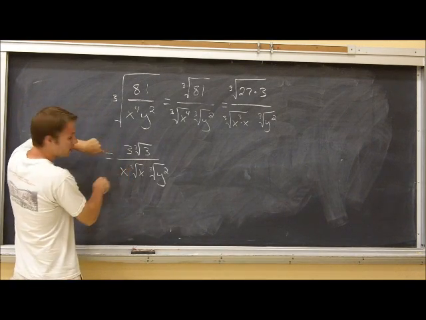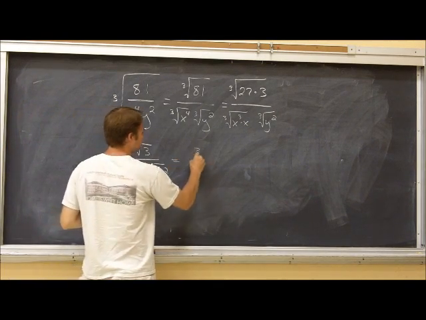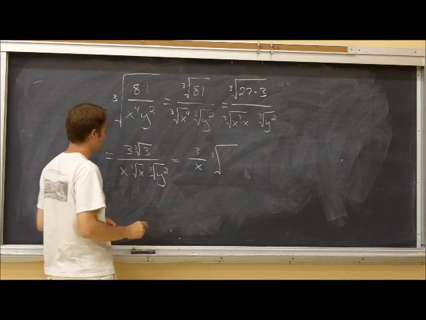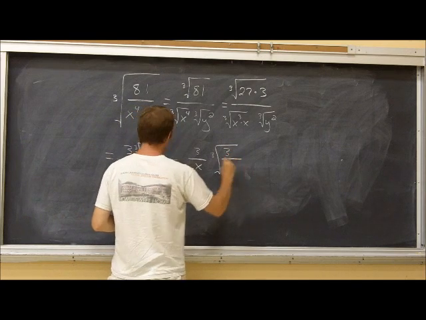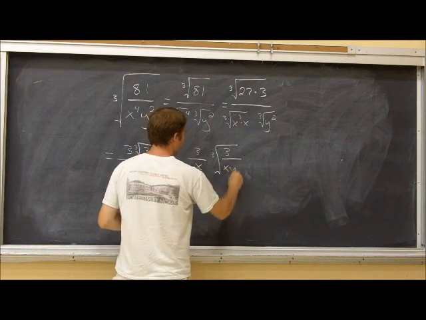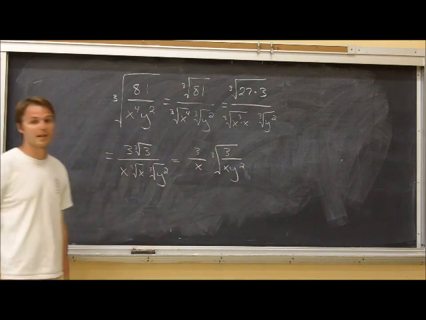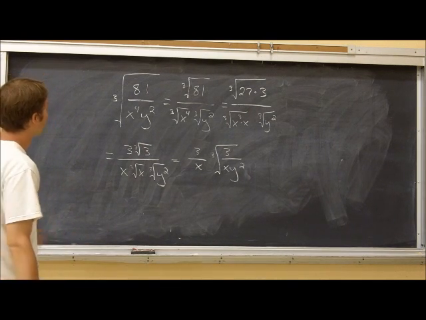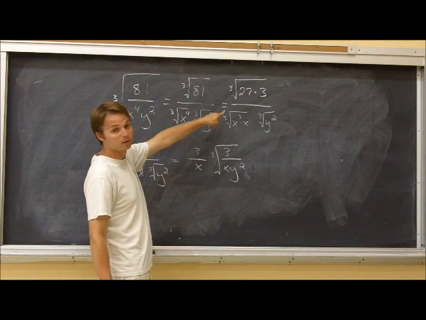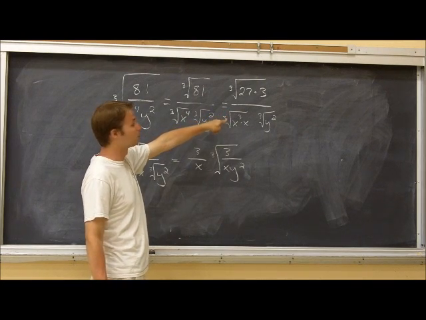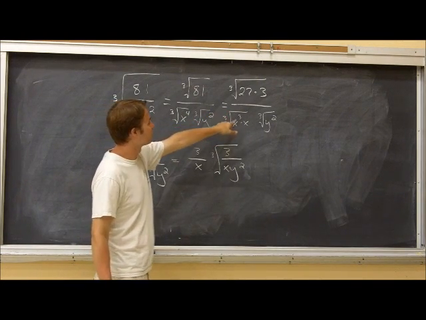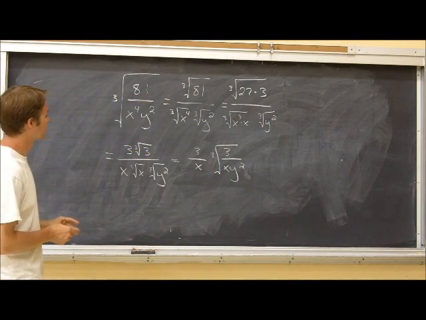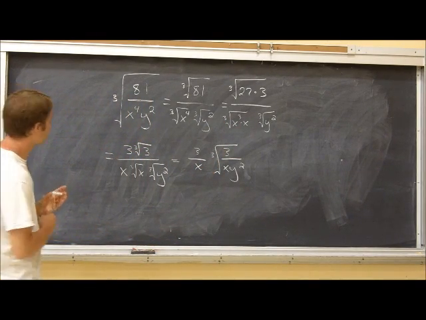I could pull the 3 over x out to the front, and then undistribute the cubed root of 3, and this will just be the cubed root of 3 over x times y squared. So maybe that's a little neater looking version of this. Again, I didn't have to do the absolute value here when I took the cubed root of x cubed, because you can cube something and get a negative or a positive, so we're not too concerned about that, only with the even powers.